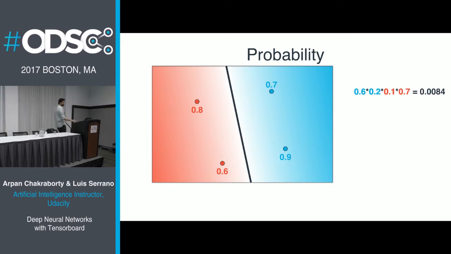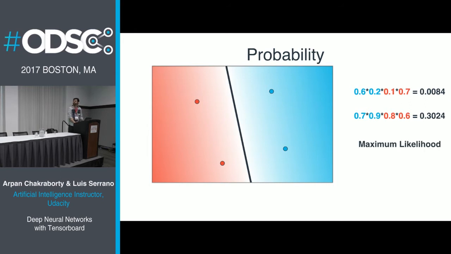If we find the probability of this arrangement, we multiply them, and we get 0.3024. So it's 30% likely that these colors are the colors that they are over there. And that's much, much more likely. That's how we can tell that the second model is better than the first one, because the points are more likely to have those colors. This is called maximum likelihood.